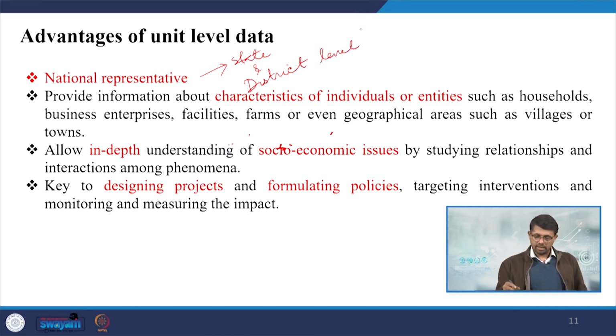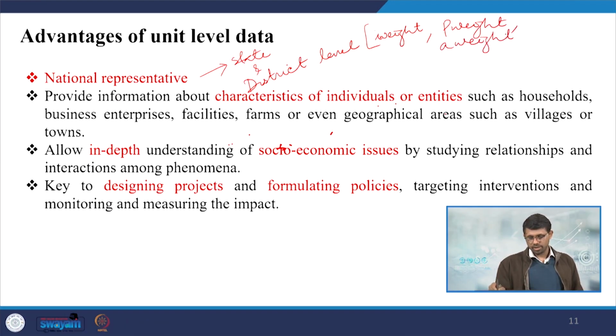Accordingly the different weights are given. Sometimes you might require I weight, sometimes you require P weight, sometimes you require A weight, analytical weight, etc. We have discussed something on this in another module on survey data on healthcare. I am not discussing much here because our focus is on understanding the concepts of health economics.